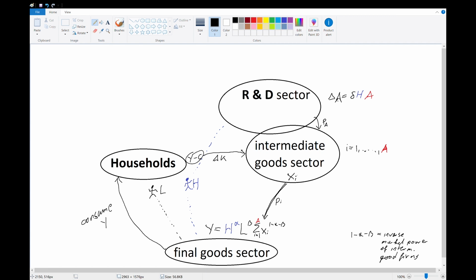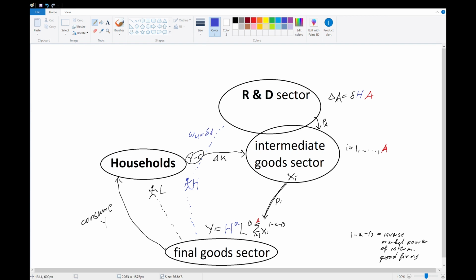So PA also helps us to pin down the wage rate of the high-skilled laborers. Why? Because the wage of the high-skilled laborers will be, well, what is their marginal productivity in this sector? If you differentiate this function with respect to H, you end up with delta times A. That's the marginal productivity here.